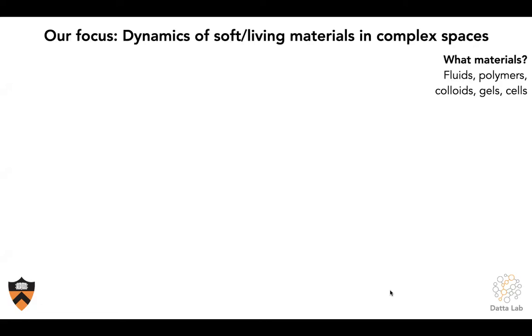And so, we study everything ranging from fluids and immiscible fluid mixtures to polymer solutions and gels, colloidal dispersions, and cells and cellular communities, microbial communities. And as a field, we've learned a tremendous amount about these different classes of materials and living systems by studying them typically in bulk, homogeneous, uniform environments.